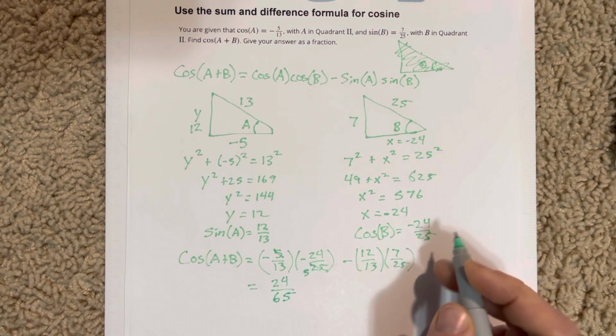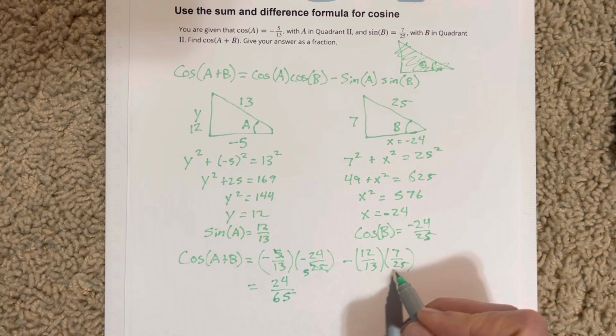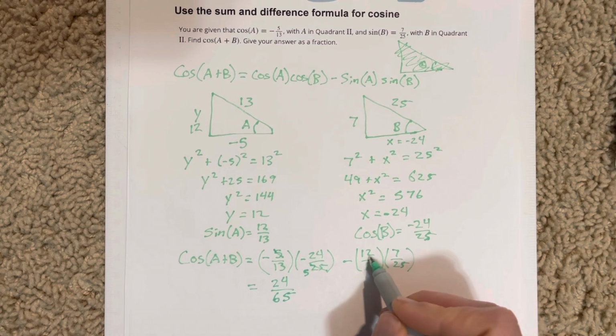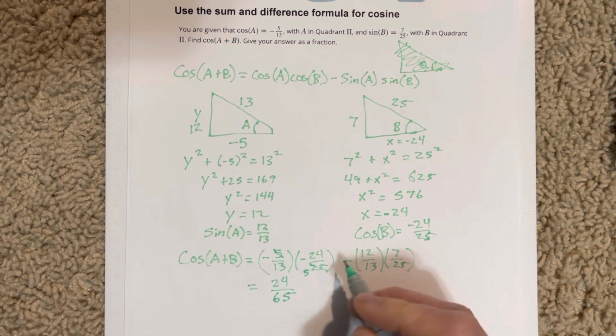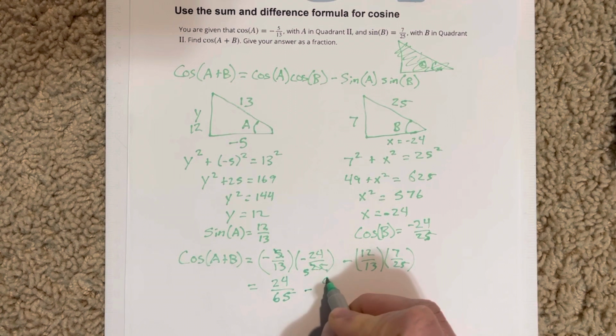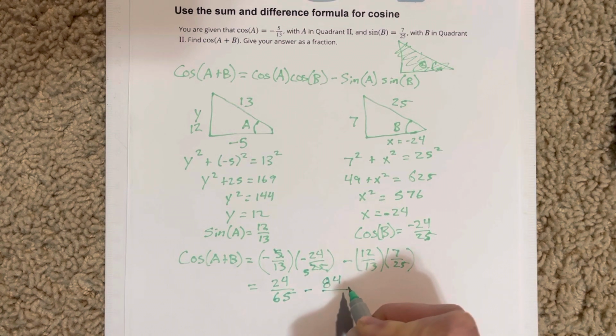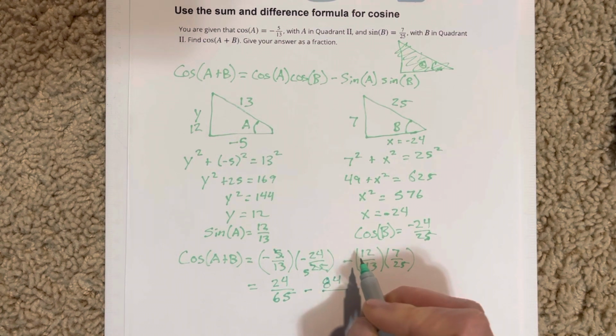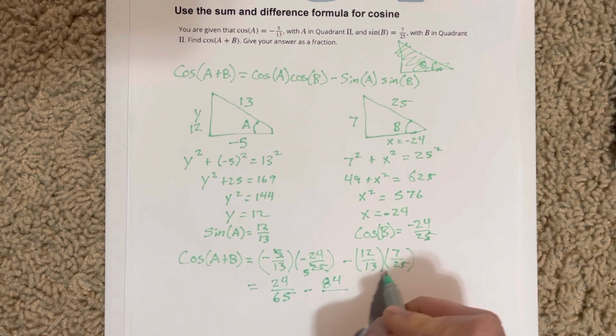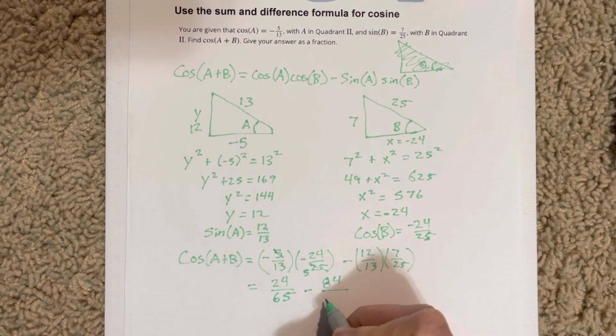For the second, it doesn't look like we can do any cross canceling, so let's multiply 12 times 7, that's negative 84, over 13 times 25. 13 times 25 gives you 325.